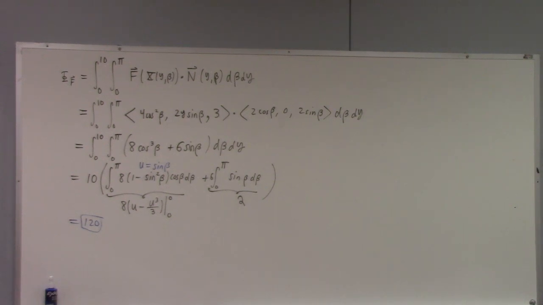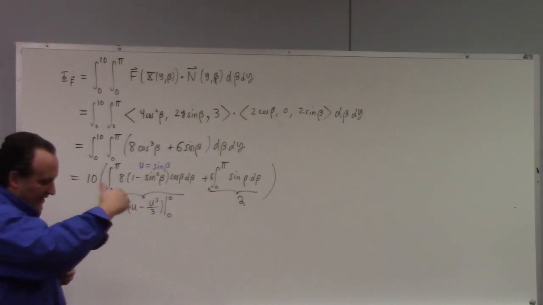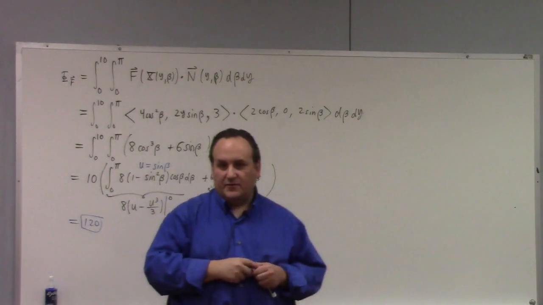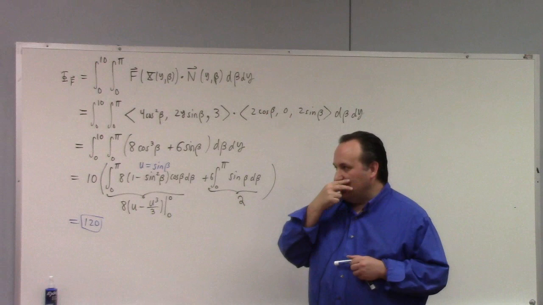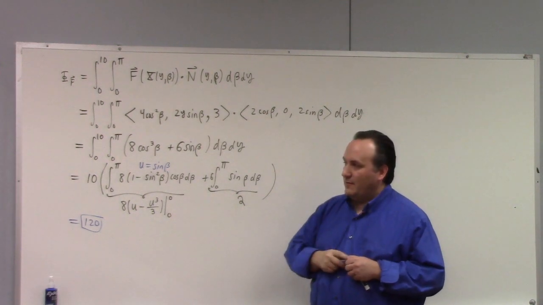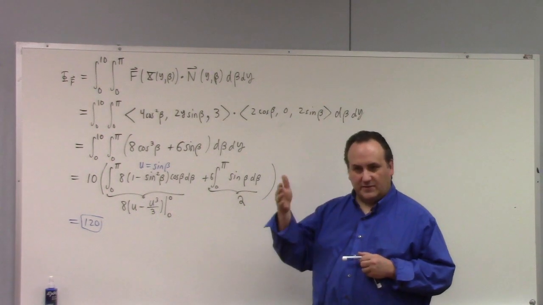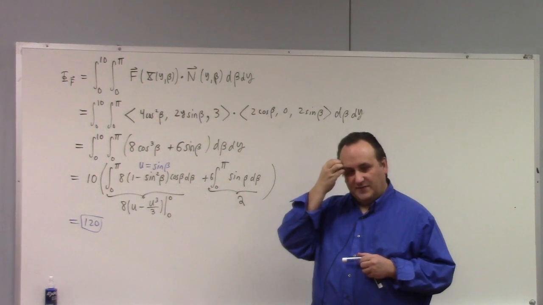Why didn't I use divergence theorem? This is not the boundary of a simple solid, right? It's half of a half, it's the top boundary of a half cylinder. For the divergence theorem to be a useful tool here, I'd probably need to look at something like a half cylinder. If I had a half cylinder missing its base, then the divergence theorem could still be useful.